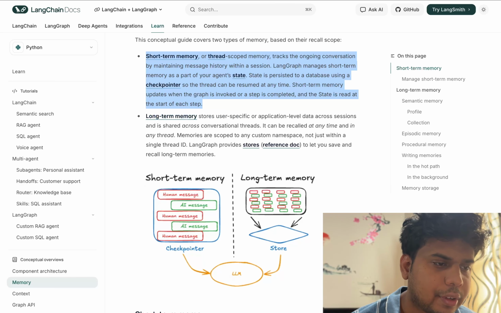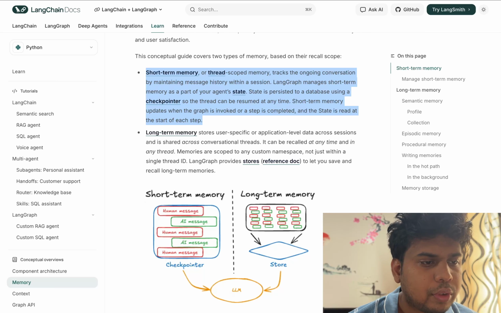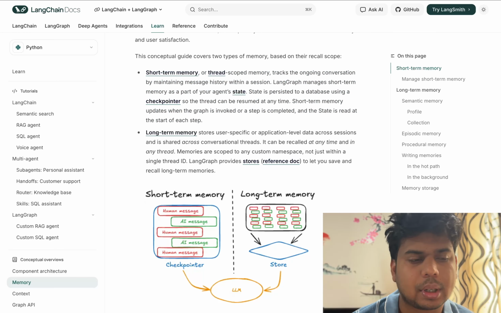Different frameworks handle these memories in different ways. For LangGraph specifically, they have a thread-based concept where each session goes through as a thread.